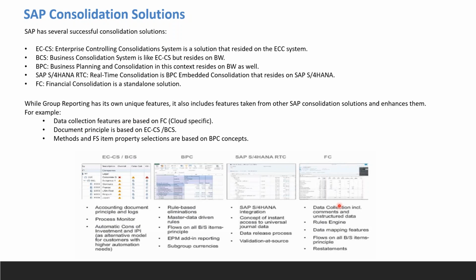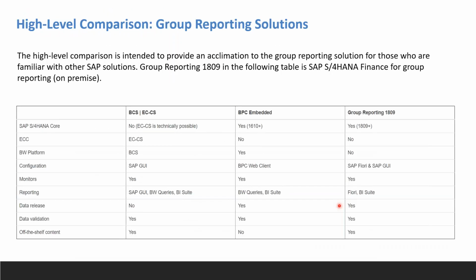So this is about the existing solutions on the consolidation, and now SAP came up with the solution called group reporting. This is a high-level comparison which gives the difference between the solutions ECCS, BPC embedded, and group reporting. The group reporting solution came up in 1809 onwards with limited features only.